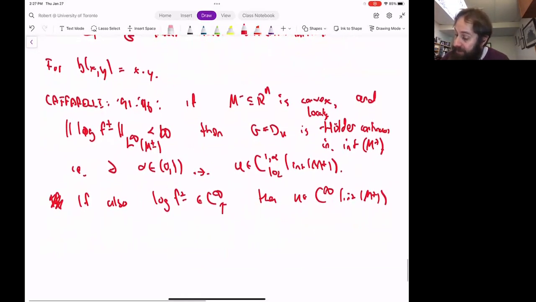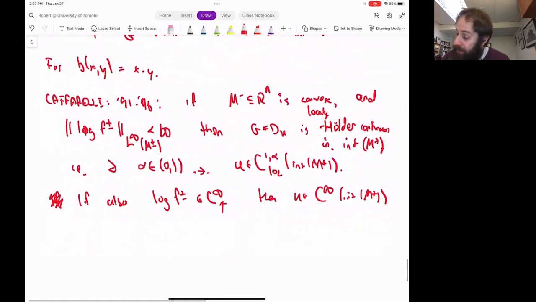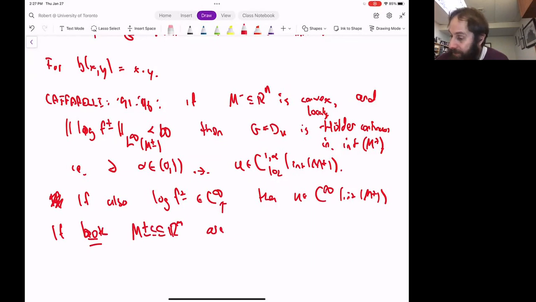And then by 96, he had shown that if both M plus and M minus in R^n are convex, probably bounded, they have to be bounded for the, okay, so I don't need to say bounded.